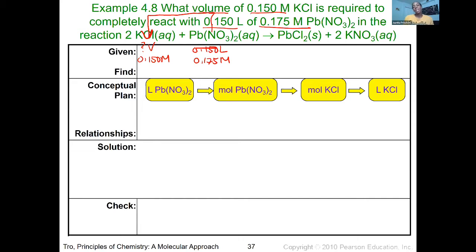In this case, because I have a molarity and a volume of lead nitrate, the only way I can get to moles is through that molarity formula.